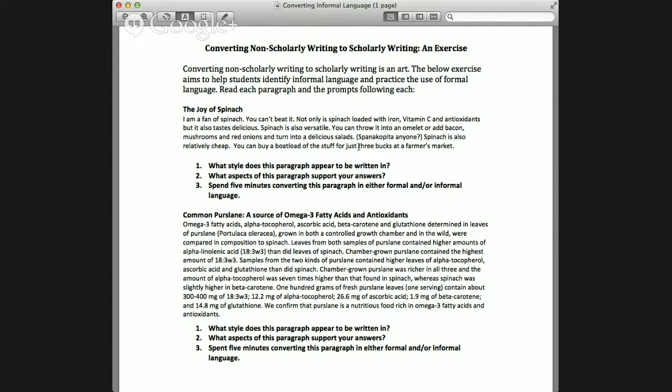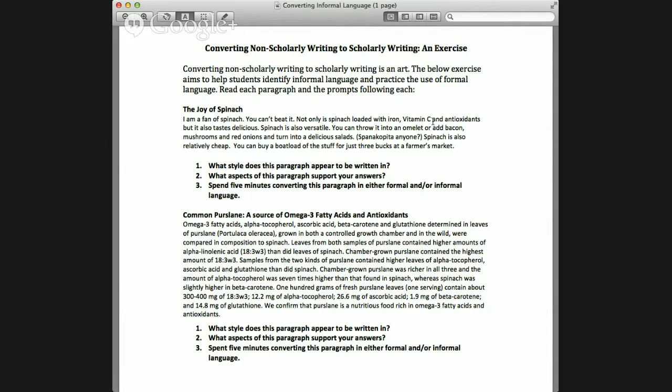We have definitely some examples of conversational language, so loaded with, a boatload of the stuff. Those all jump out as being pretty conversational. Again, more of this direct address to the audience.